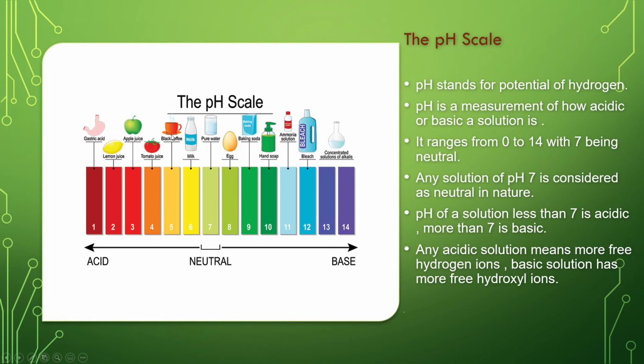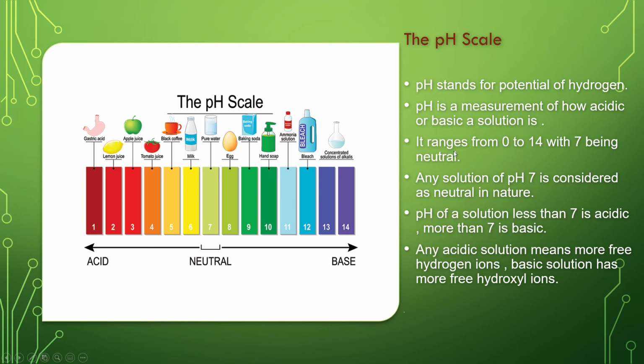Any solution is acidic or basic in nature. By the amount of pH, we can say that it is highly acidic, or highly basic, or slightly acidic or slightly basic.